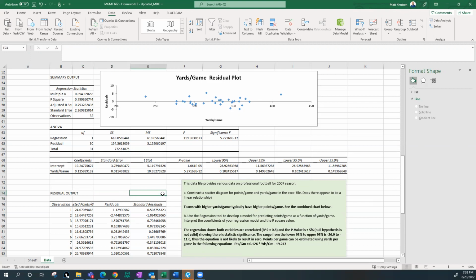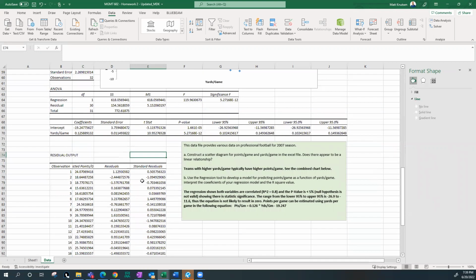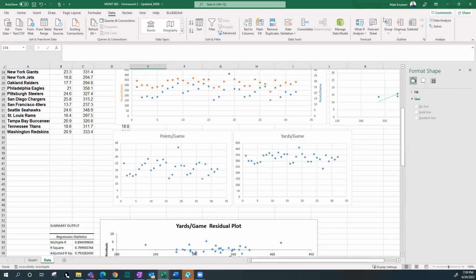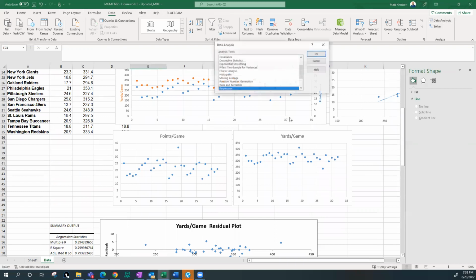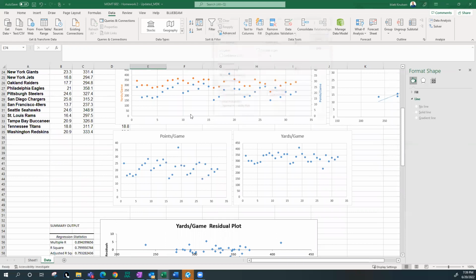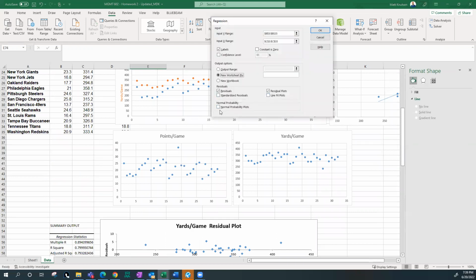One other interesting thing is when you do your regression, it gives you an option to standardize residuals.